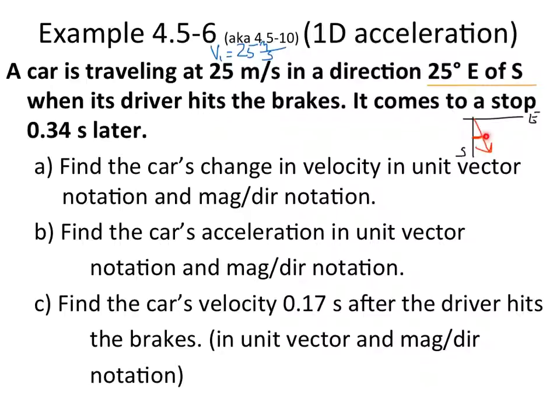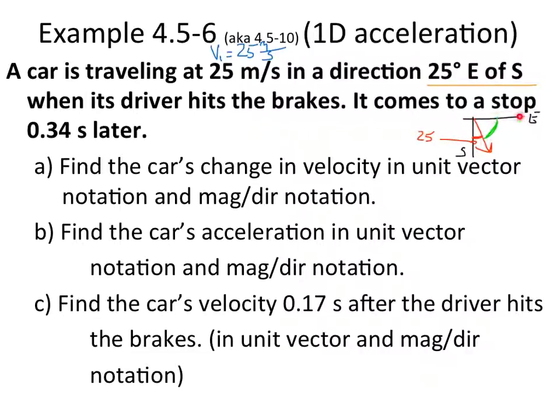So if that angle in there is 25 degrees, then what does the complementary angle, let's make that green, have to be? Because this is what we really want, because that's based off the horizontal. This would be south of east. East and then south of it.